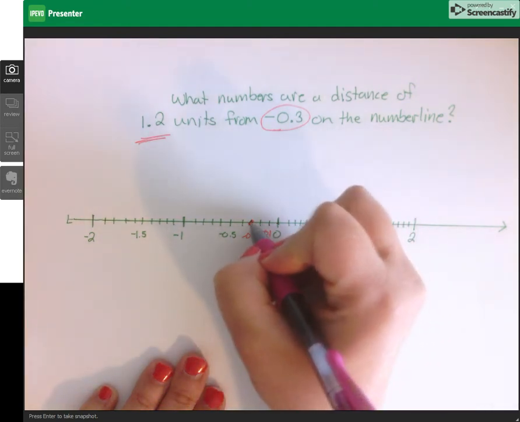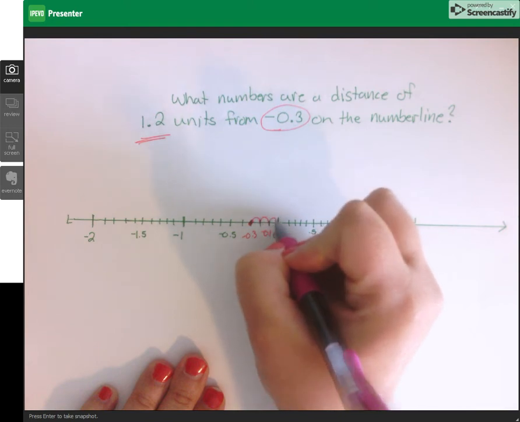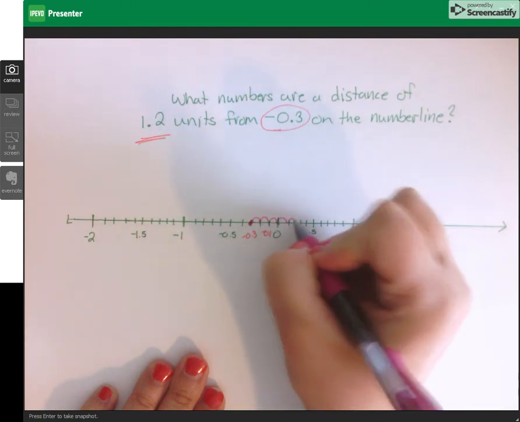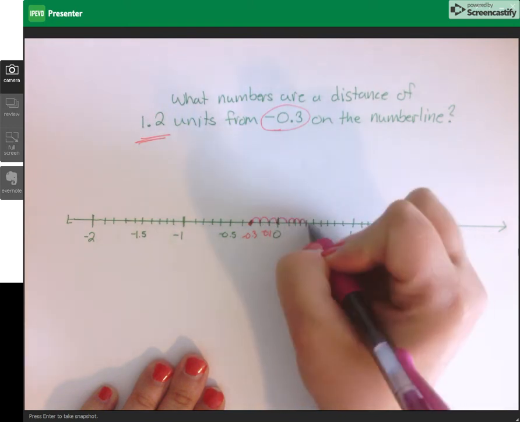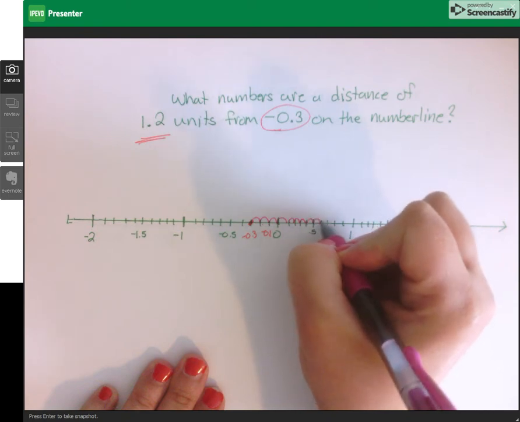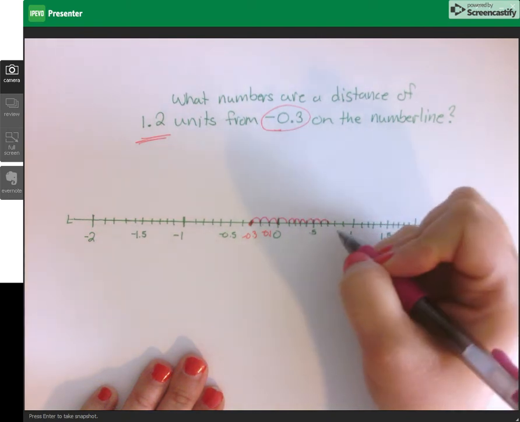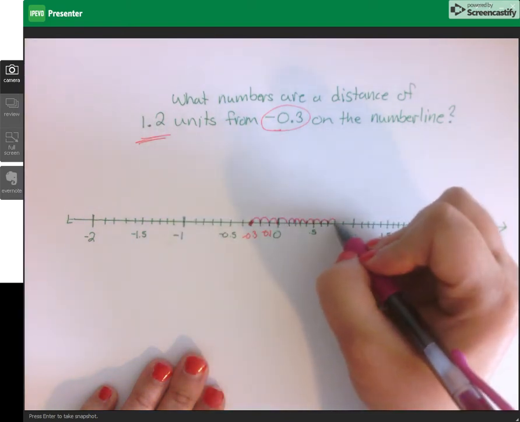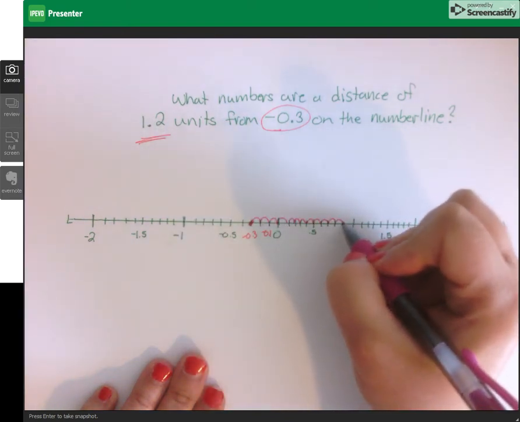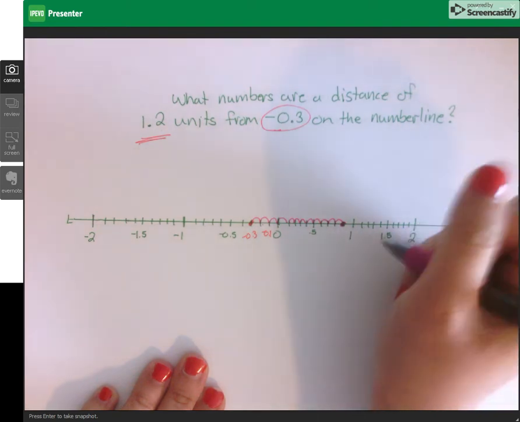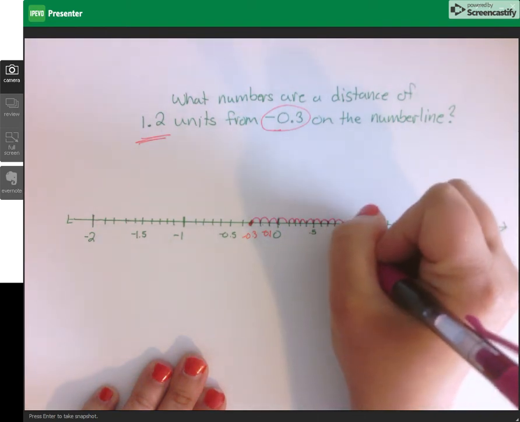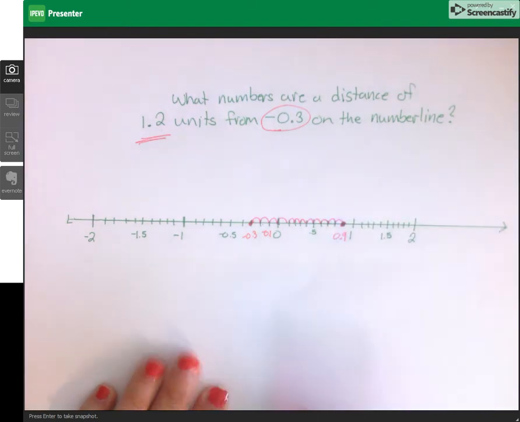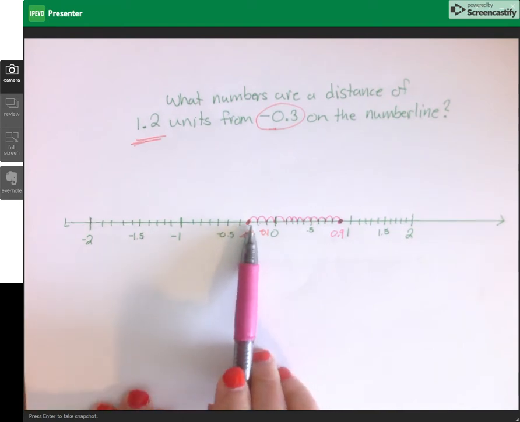So starting here, we'll go 1, 2, 3, 4, 5, 6, 7, 8, 9, 10. So that's actually 1 whole unit, but now we've got to go this 0.2. So we'll go 1, 2 more. And that puts us right here at 0.9. So now let's go to the left.